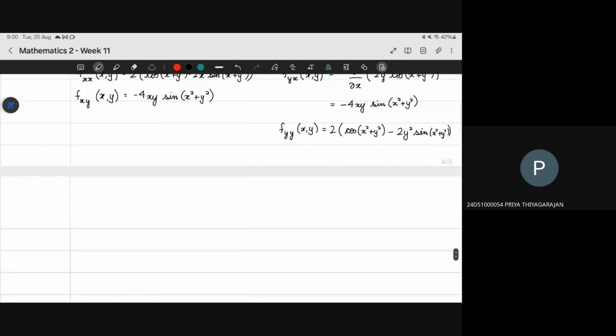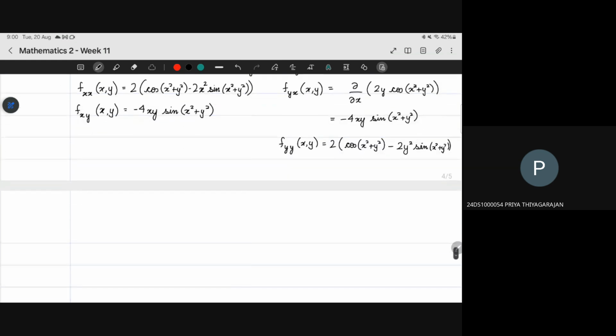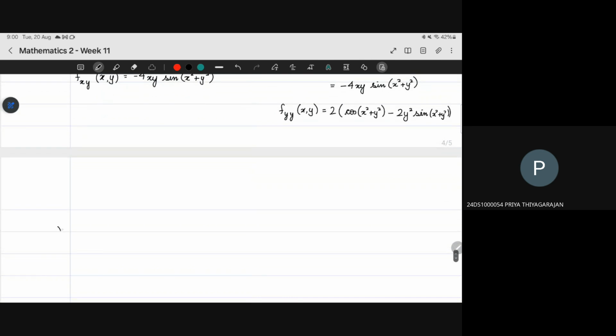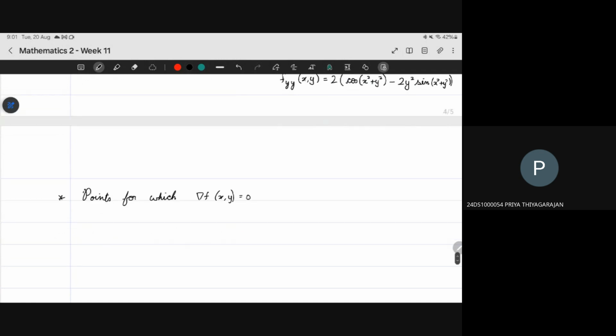So one of the obvious points is the origin, where x is equal to 0 and y is equal to 0. Both will ensure that fx and fy are both 0. So you have the critical point, the origin itself.